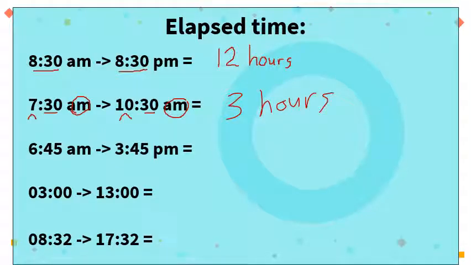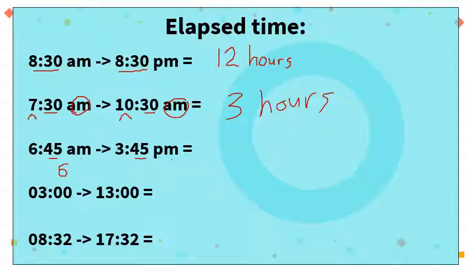Okay. Here we've got one that goes from 6:45 a.m. to 3:45 p.m. So again, the minutes haven't changed, but I'm jumping from a.m. to p.m. So I know that 6 plus 6 brings me to 12 p.m. So I might even just write that down here. 6 brings me to 12.